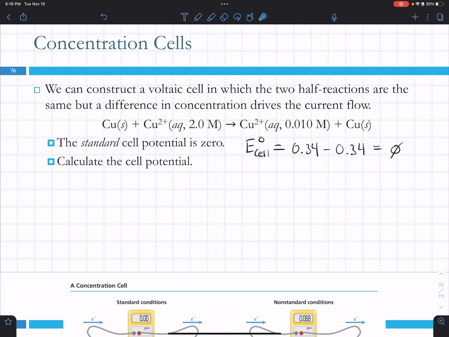So then when we calculate the cell potential for this specific non-standard situation, E cell at non-standard is going to be equal to 0 minus 0.0592 over 2 electrons log of Q, so products over reactants.